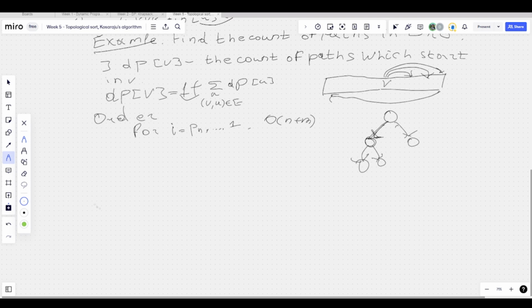So Kosaraju algorithm. Next will be Kosaraju's algorithm.